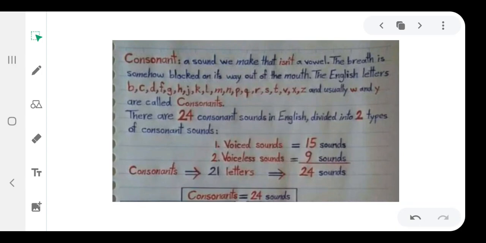The breath is somehow blocked on the way out of the mouth. The letters B, C, D, F, G, H, J, K, L, M, N, P, Q, R, S, T, V, X, Z and usually W and Y are called consonants.